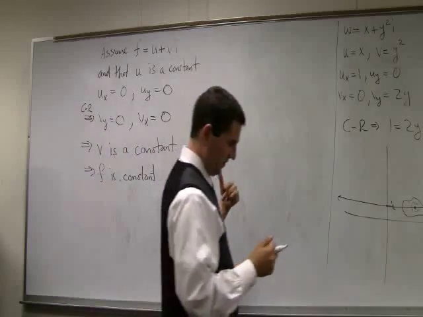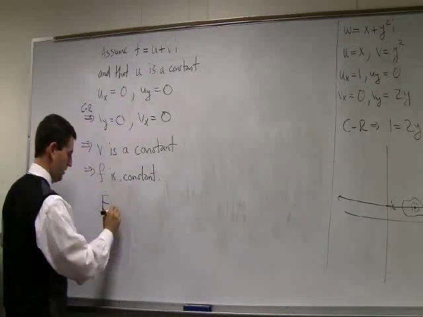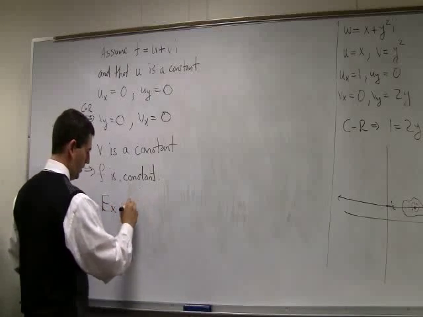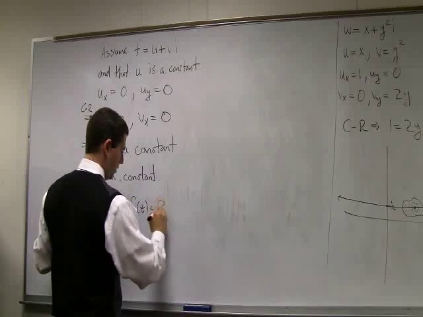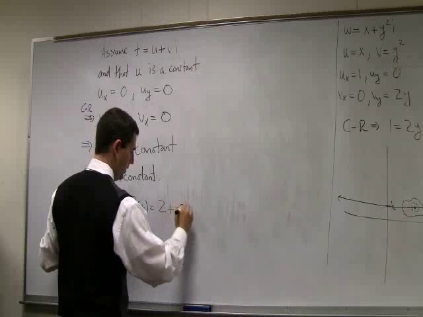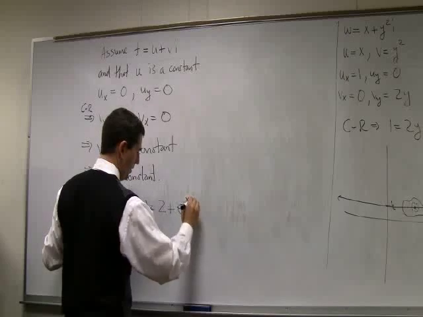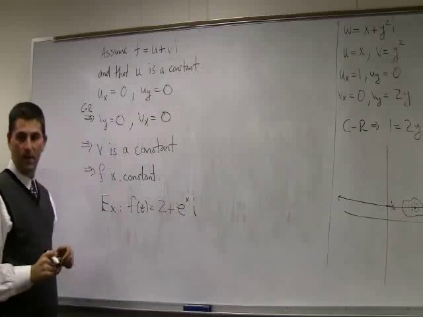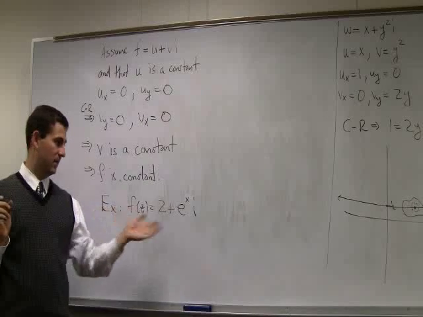So this means that you look at a function, right? Let's do a precise example. I say something like f of z equals 2 plus, say, e to the x i. And I say, is this differentiable?